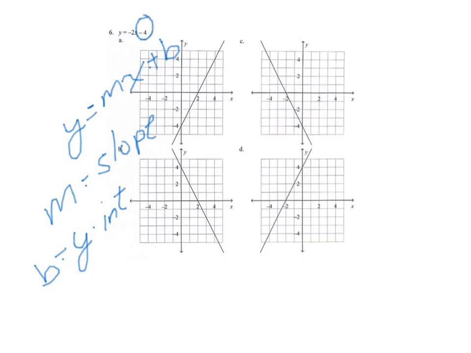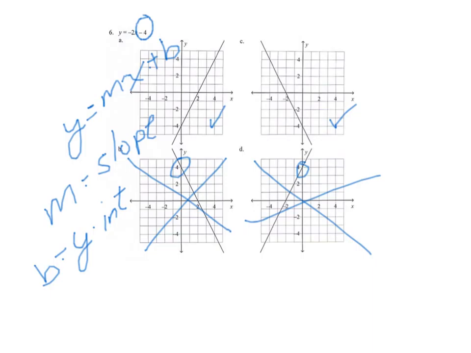So I'm going to look at that negative 4, and I want to find where does my slope cross at negative 4. Well, it crosses at negative 4 for A, so A is good so far. B, it crosses at positive 4, so it doesn't work. C, it crosses at negative 4, so that's a possibility. And then at D, it crosses at positive 4, so that doesn't work. So it either has to be A or C.